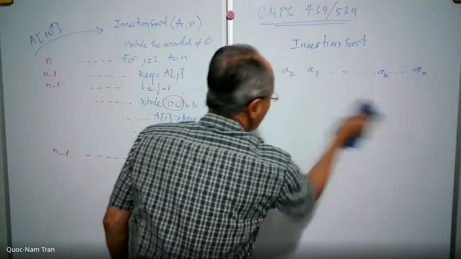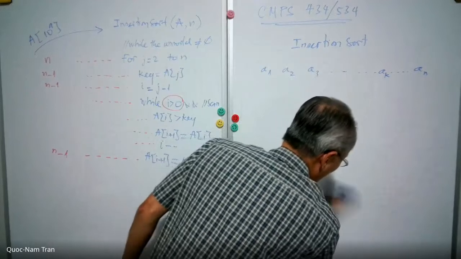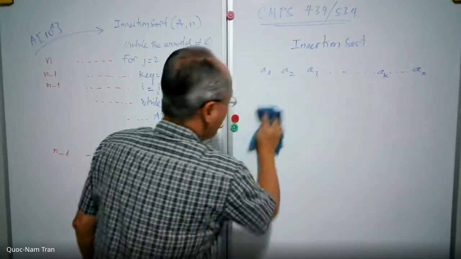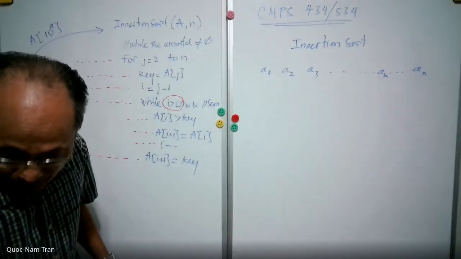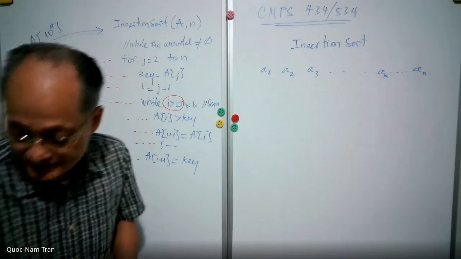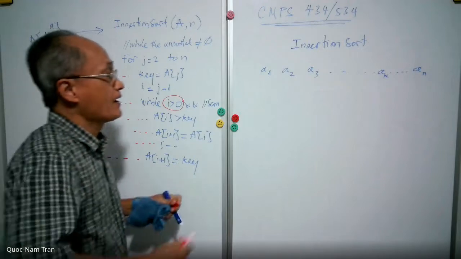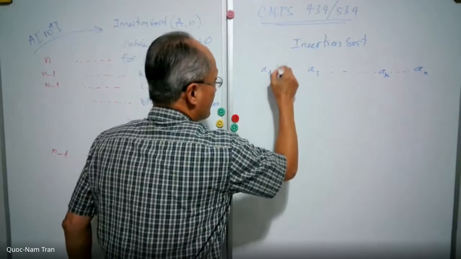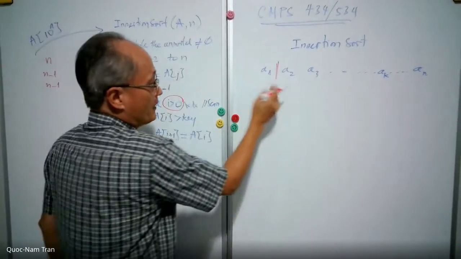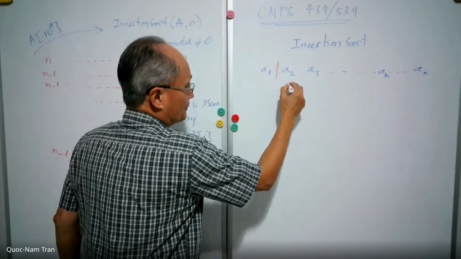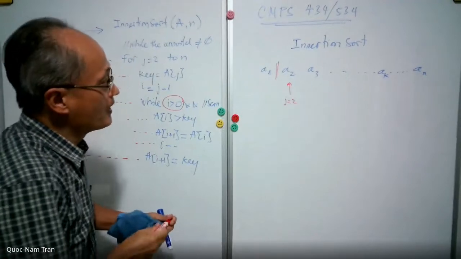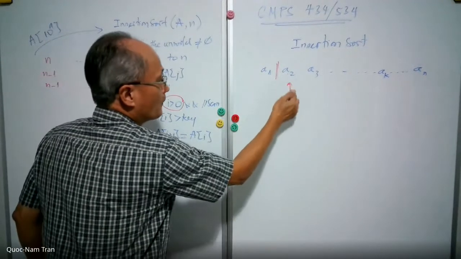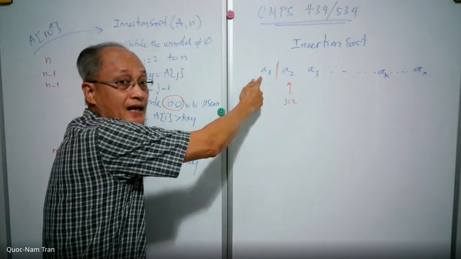Okay, so before we answer that question, let me remind you of how the algorithm works, right? Starting here at the beginning, we have j is 2. For this situation, we know that we have to insert this one in.